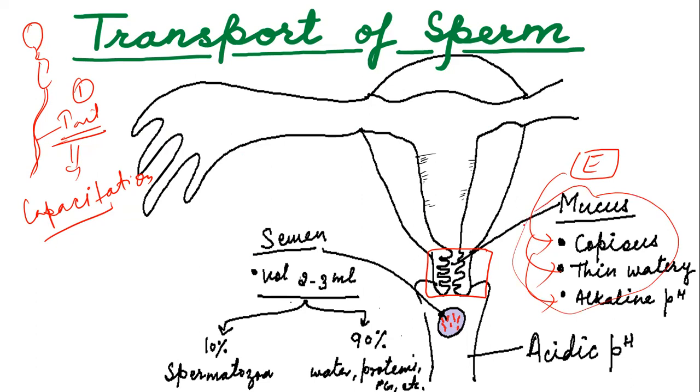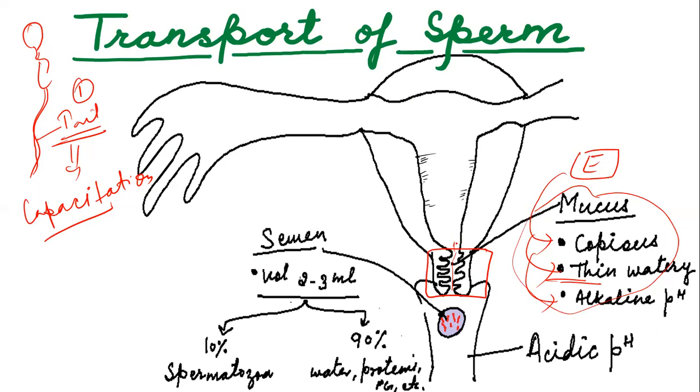All these changes in the mucus help spermatozoa motility, because if the consistency is thick, sperm will not be able to cross the cervical mucus. So this thin consistency, copious amount and alkaline pH will increase the motility of the spermatozoa.